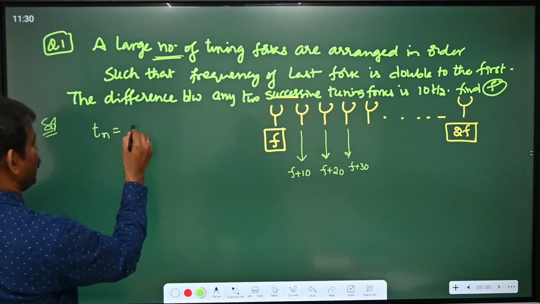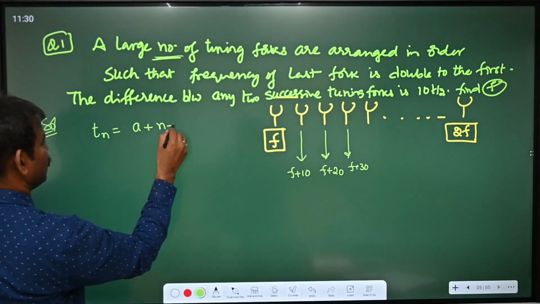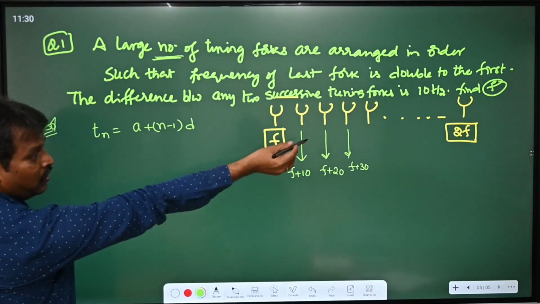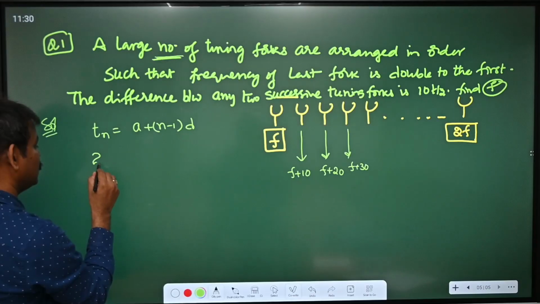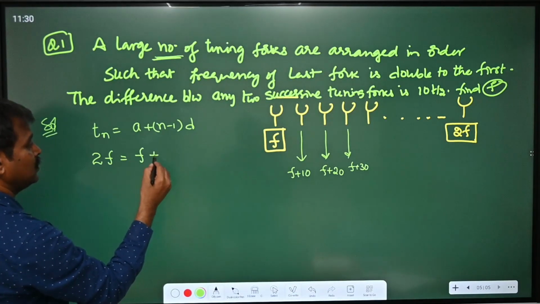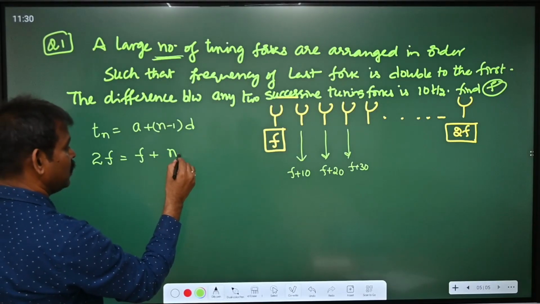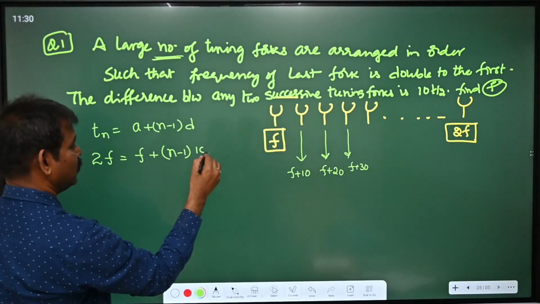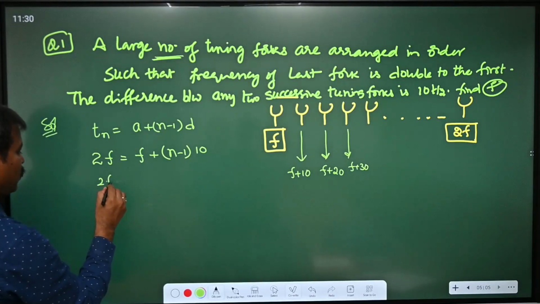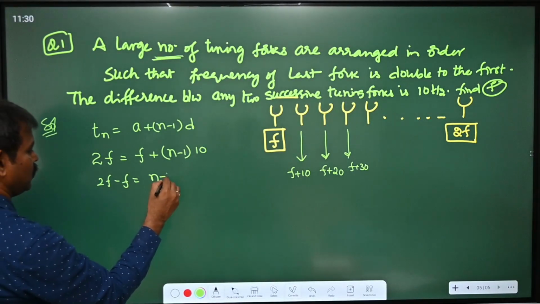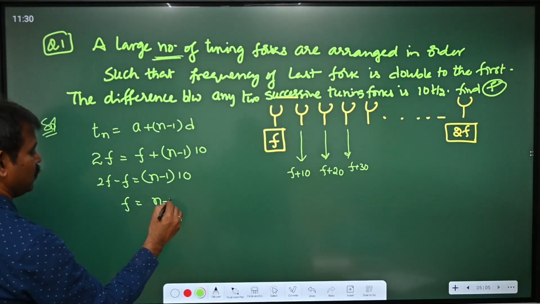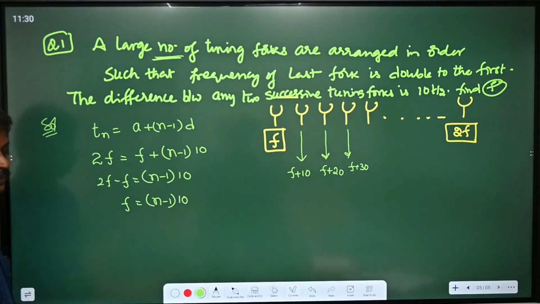First we will write what the final term is here. The nth term is given by a plus n minus 1 into d. The nth term is the final term. Here the final frequency is 2f, the original frequency f plus n minus 1 into d, where d is equal to 10. And if you bring this to this side, 2f minus f is equal to n minus 1 into 10. So the frequency f is equal to n minus 1 into 10.